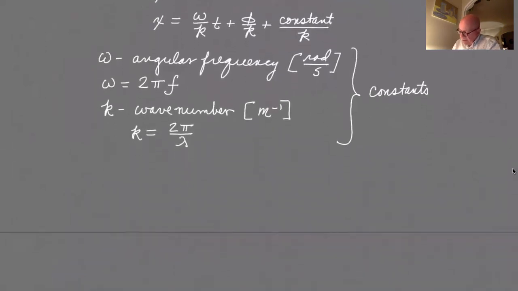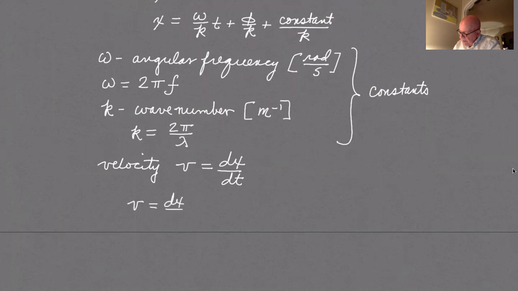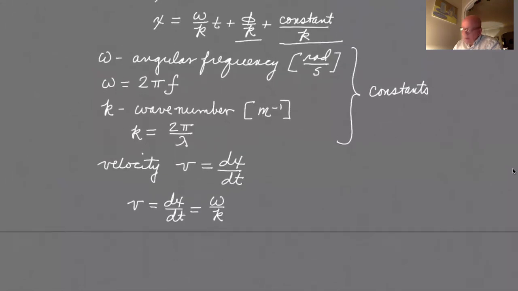So if we want to find the velocity, we know that the velocity by definition is the change in x with respect to t. We can do that up here. The velocity is going to be dx/dt, which is omega over k, plus the derivative of a constant, and the derivative of a constant is 0.